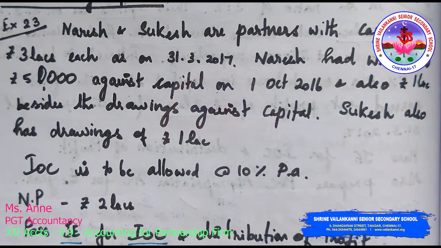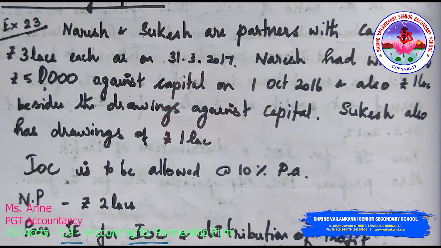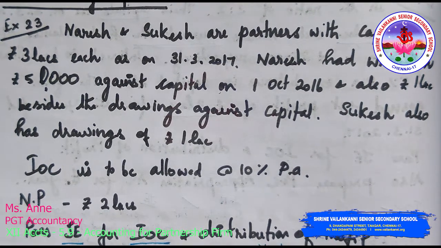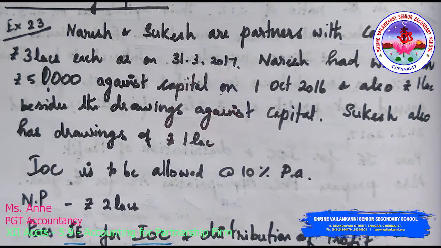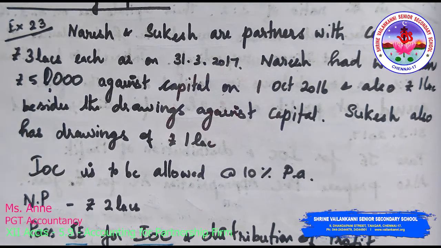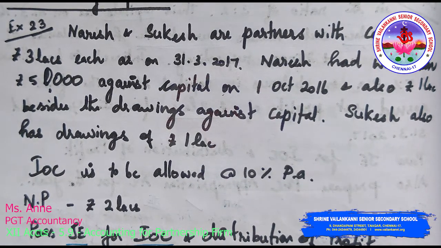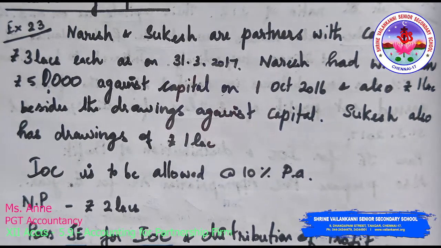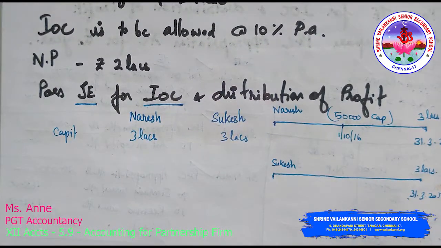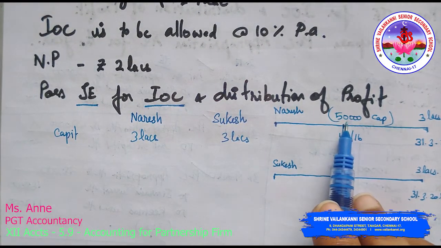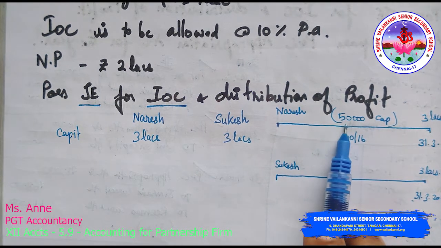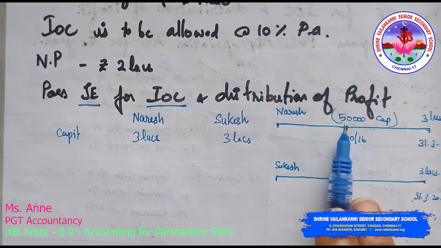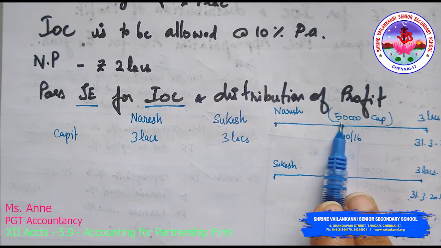So on 1st October 2016, he has withdrawn 50,000 against capital. I've just written it here as 50,000. So before his withdrawal, what is the capital? It would have been 3,50,000.